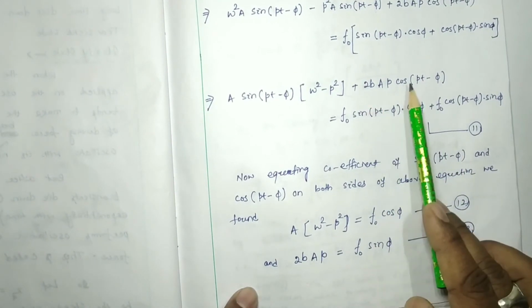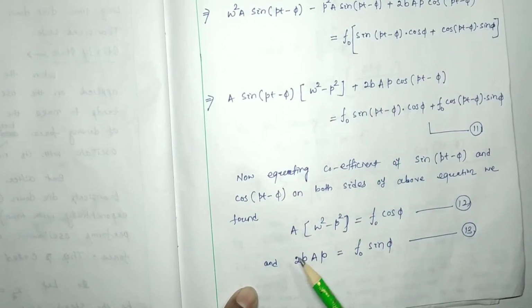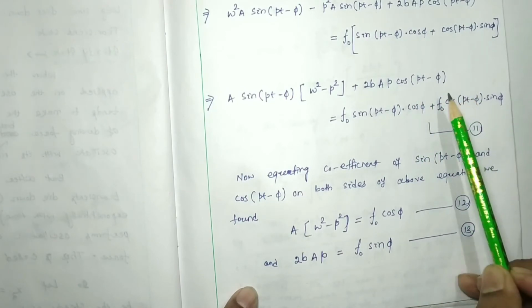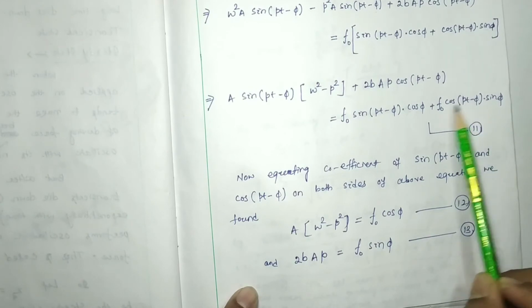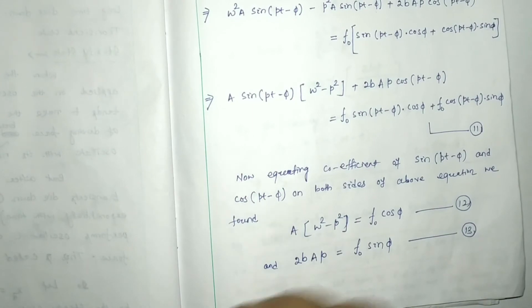Now on the left hand side the cos(pt minus phi) coefficient is 2ba into p. So 2ba p is equal to f0 sin phi, the coefficient of cos(pt minus phi). Let it be equation number 13.